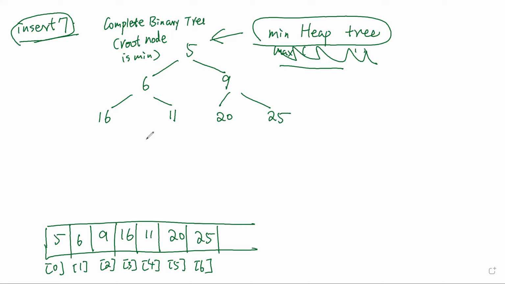And insert 7. So where are you going to insert? Regarding the data structure, you are going to add it at the back, so it's at sub 7 here. And you always need to fill left first.